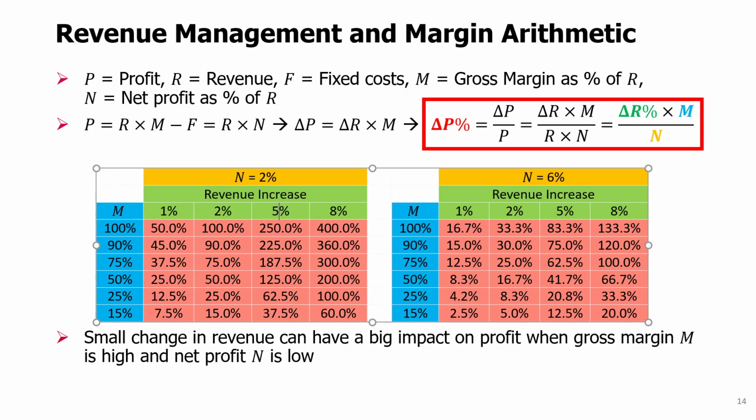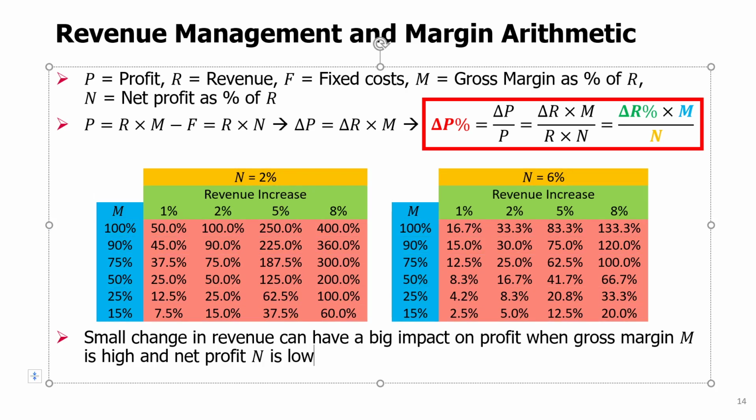So this is the arithmetic. This is what explains why high gross margin industries are a very good place to use revenue management, because the benefits of revenue management can be extremely significant.